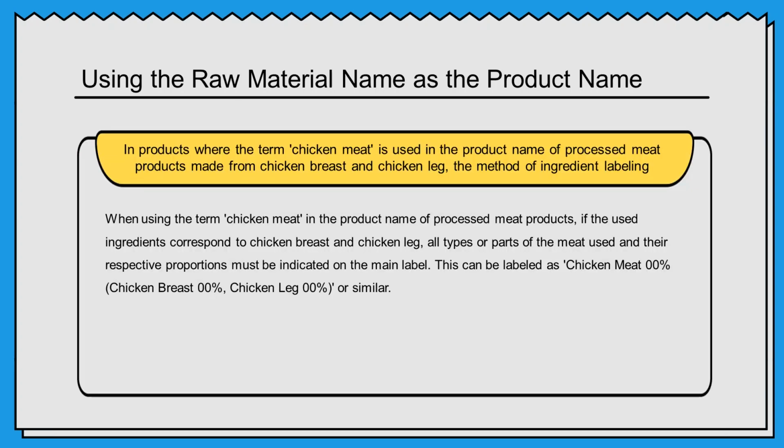In the case of processed meat products, including extracted meat products, where the product name includes the names of specific meats, all types or parts of the meat used and their respective quantities must be indicated on the main label. When using chicken breast and chicken leg as ingredients and using the term chicken meat in the product name, it is required to indicate the content as chicken meat XX%, and then add in parentheses chicken breast XX% and chicken leg XX%.